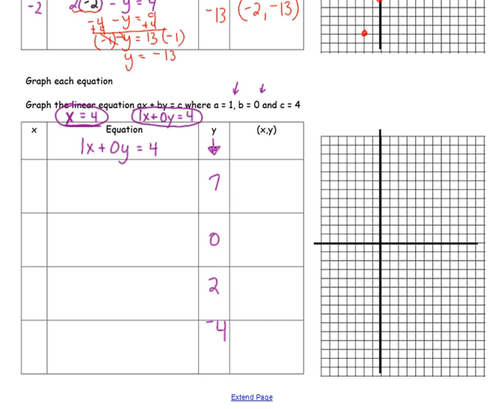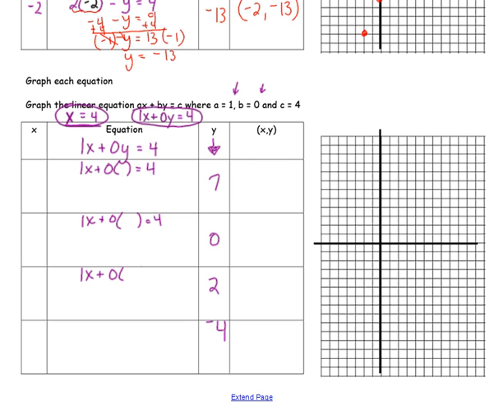So now I'm going to put a place to substitute that value for each line. Paying attention to detail, this will be 1x plus 0 times a value, and that's going to equal 4.